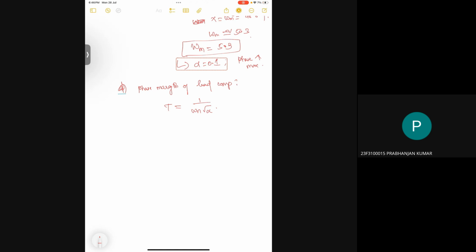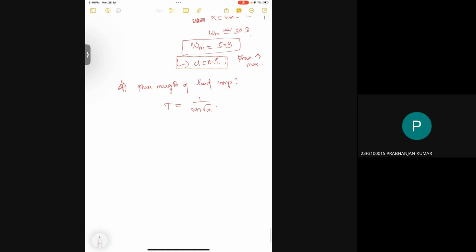We can use another question. Everything here is root locus based on, sorry, Bode based on. We'll quickly solve this question.